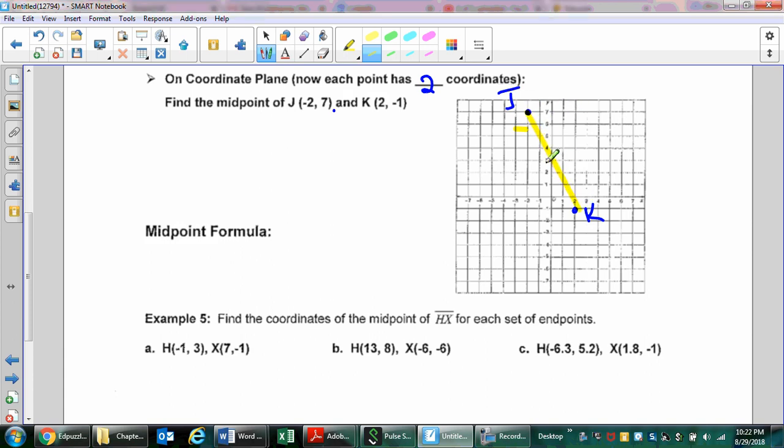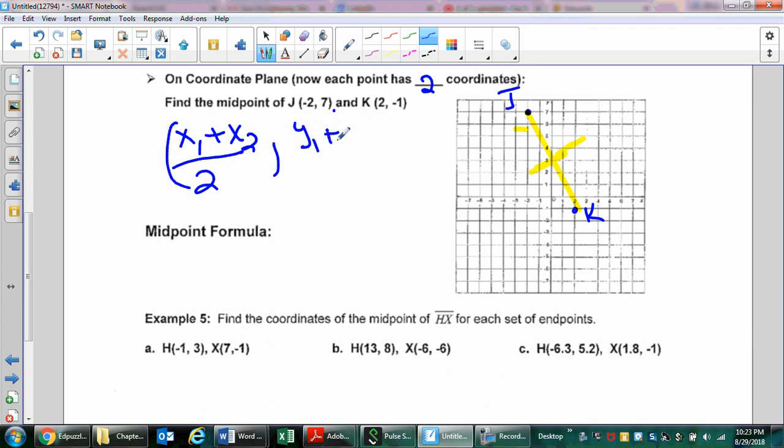So you can estimate that whatever point you get is going to be somewhere in this part. I don't know if it is exactly that, but to find the midpoint, there's a formula we're going to use. We're going to add the x's, so x1 plus x2 divided by 2, and y1 plus y2 divided by 2.